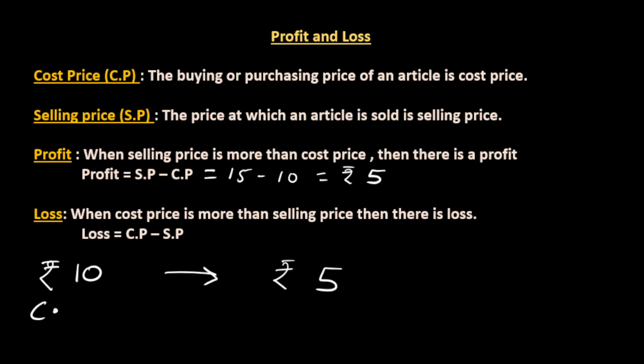You purchased it at 10 rupees, but now you are selling it at 5 rupees. That means selling price is less than cost price. So definitely there is a loss.